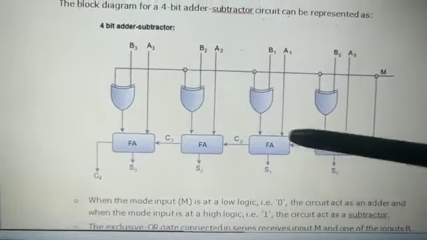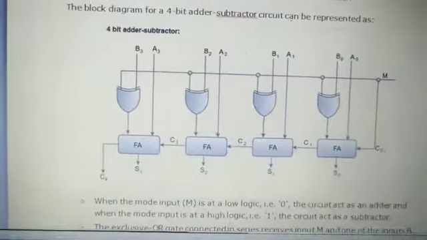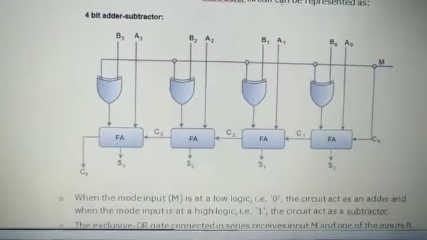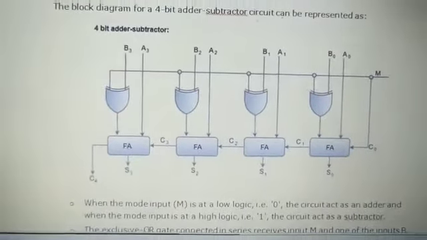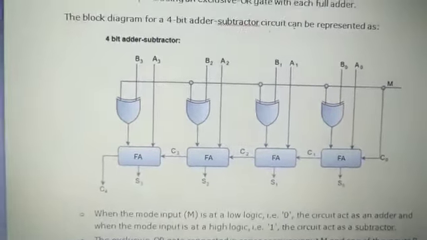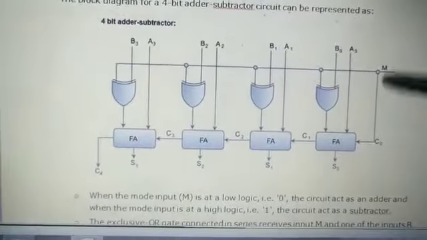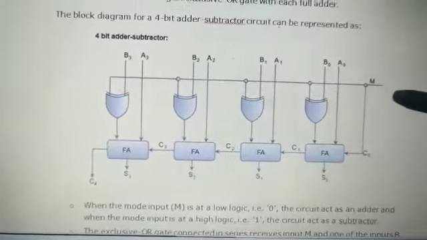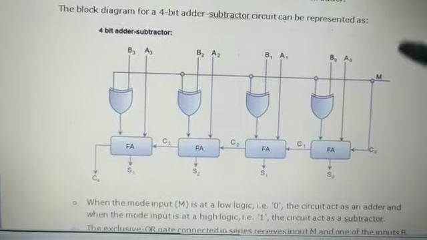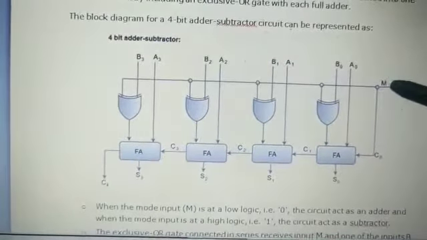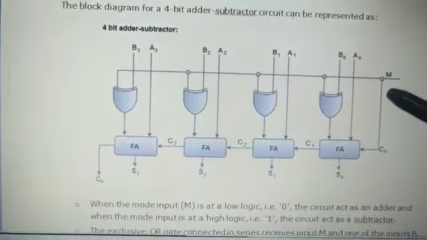And S0, S1, S2 and S3 for subtraction will give you the difference value for each bit. So if you want the circuit to act as a binary subtractor, then through this M control line we have to pass 1.